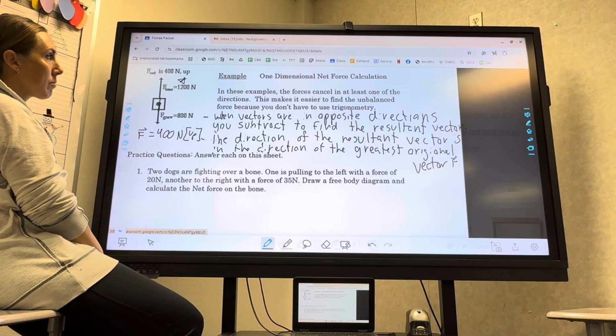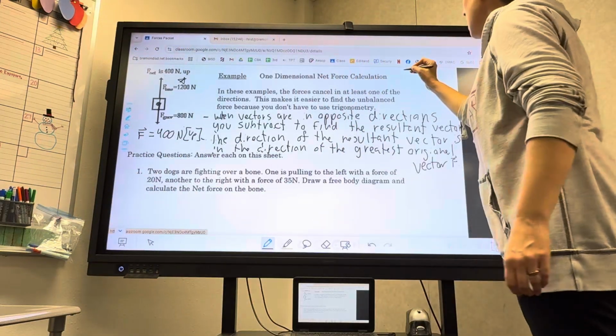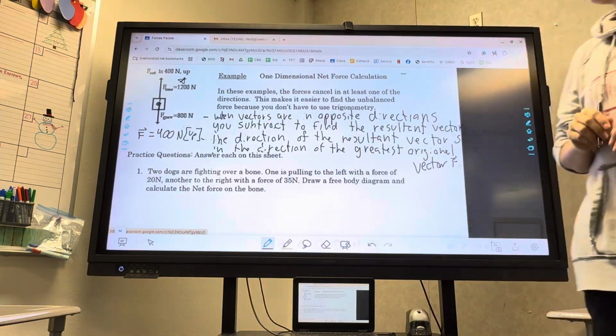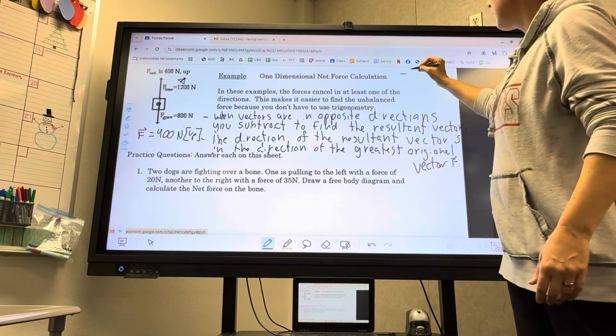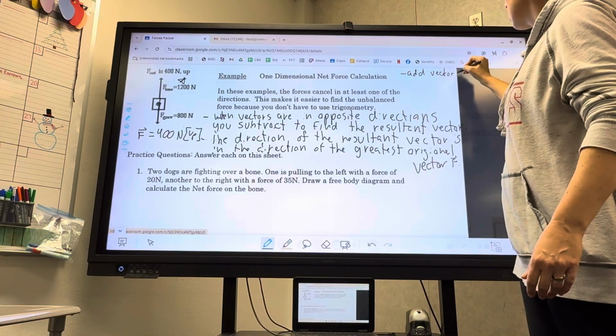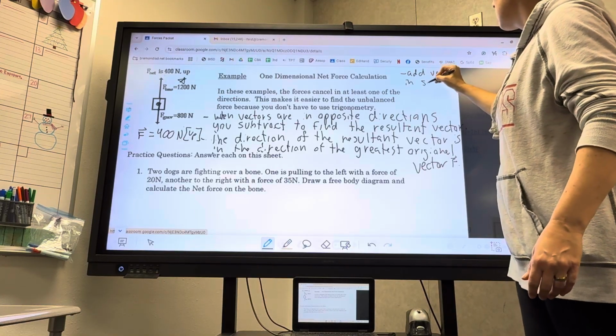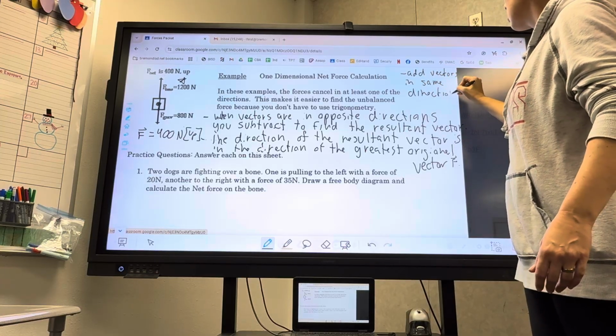Okay? Our last little note, you can put it on the side, is you add vectors that are in the same direction. So it's just add vectors in same direction.